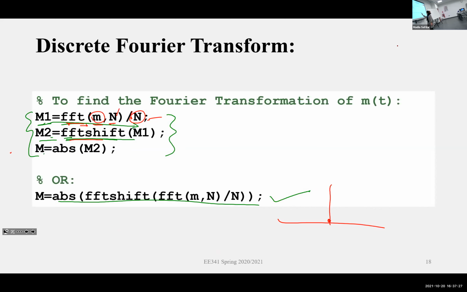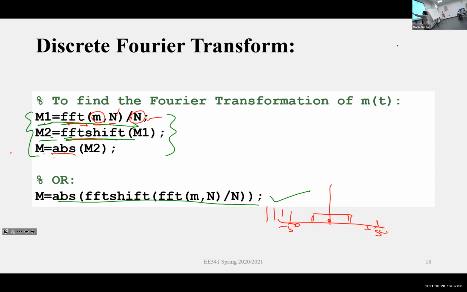This FFT shift will exactly locate all the zero frequency signals across 0, and then it will divide the scale exactly in half points, minus 50 to plus 50. And then absolute value, it will take the absolute positive. All the values will be positive. Okay, and without the complex number, all the values will be positive.